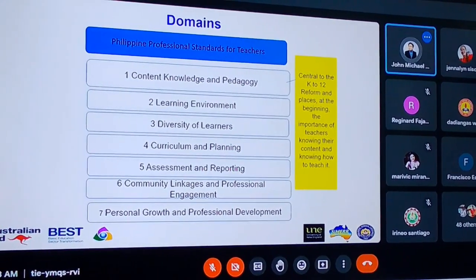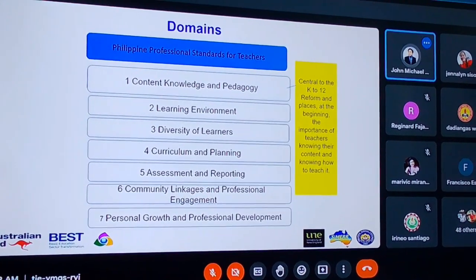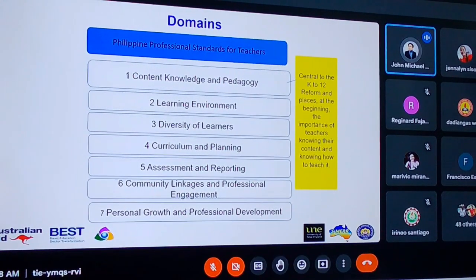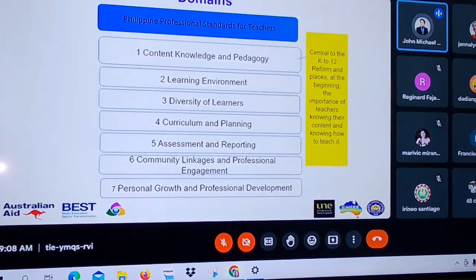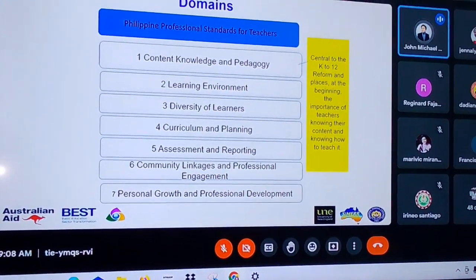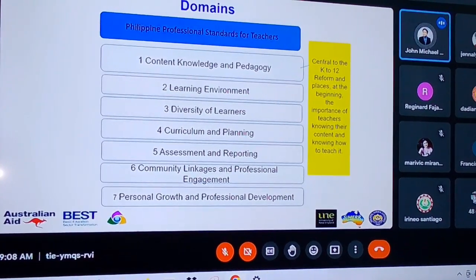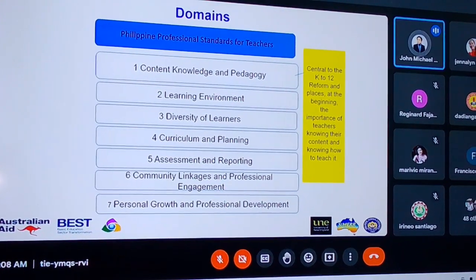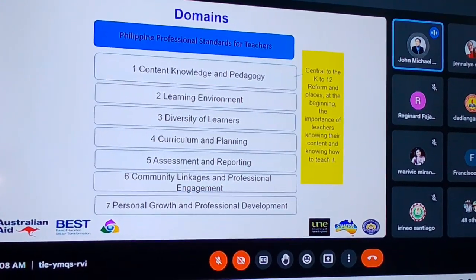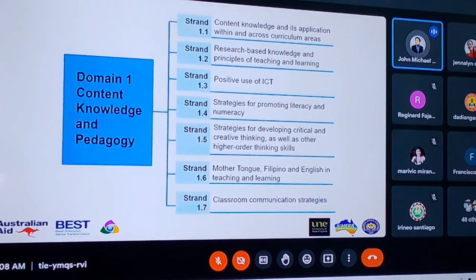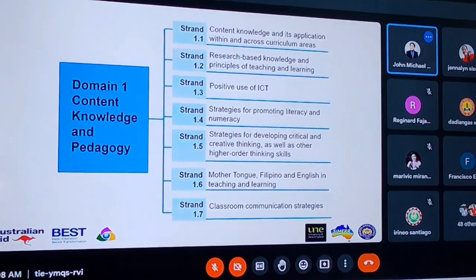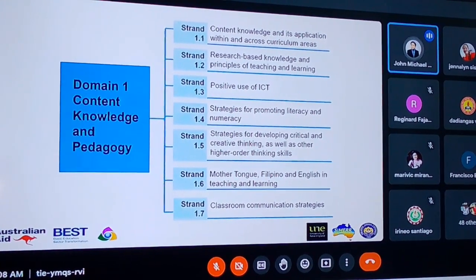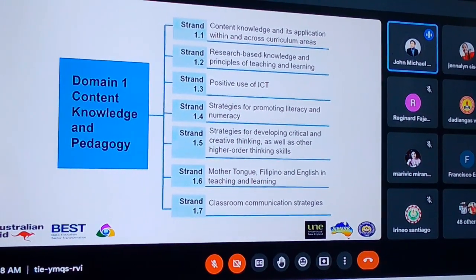If I may read: 1, content knowledge and pedagogy; 2, learning environment; 3, diversity of learners; 4, curriculum and planning; 5, assessment and reporting; 6, community linkages and professional engagement; and 7, personal growth and professional development. I will not be reading the indicators or strands per domain, but I will just present to you the number of strands per domain. For domain 1, we have 7 strands or indicators.